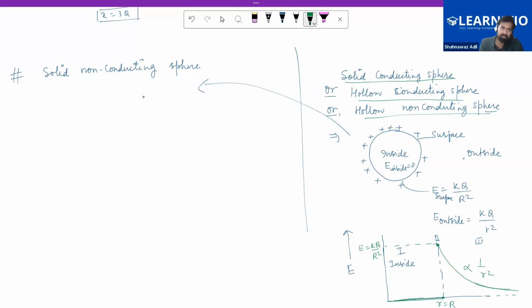So we have this solid non-conducting sphere, and let's say that this has a radius R. Because this is non-conducting, the charges are inside also, not only at the surface. So everywhere there you have a charge.